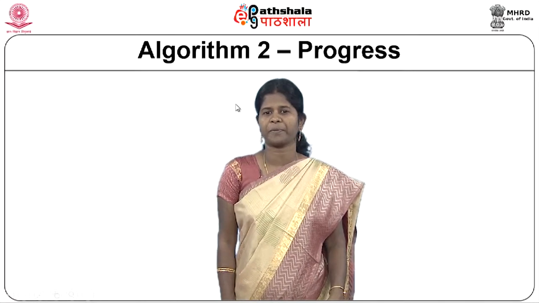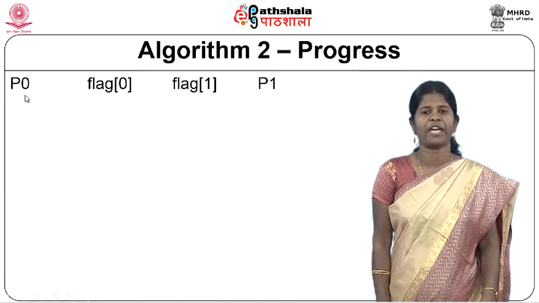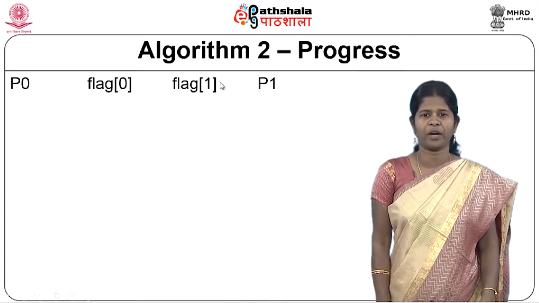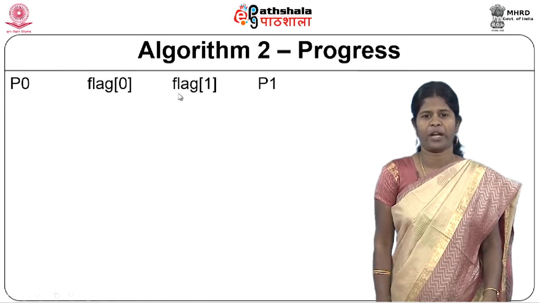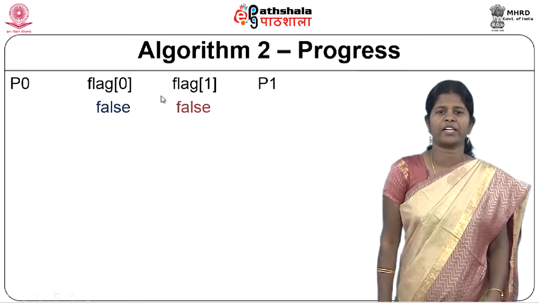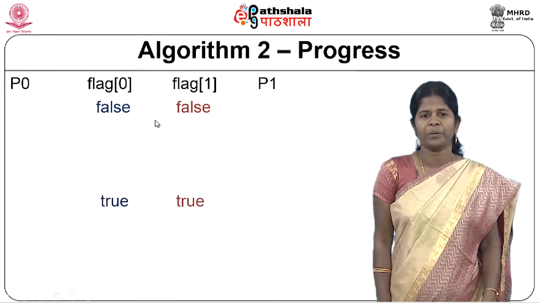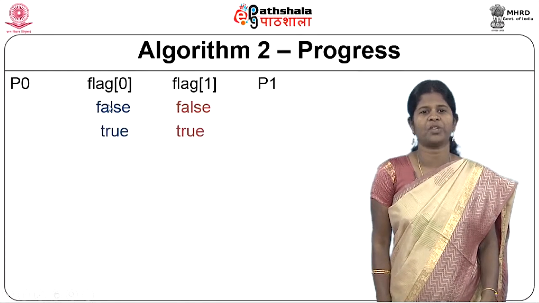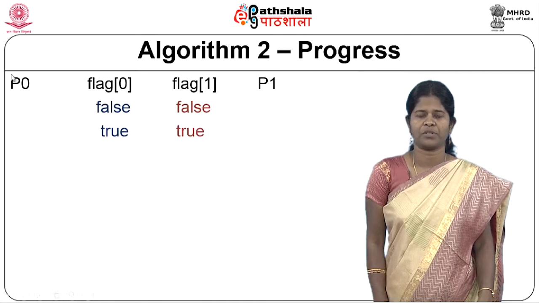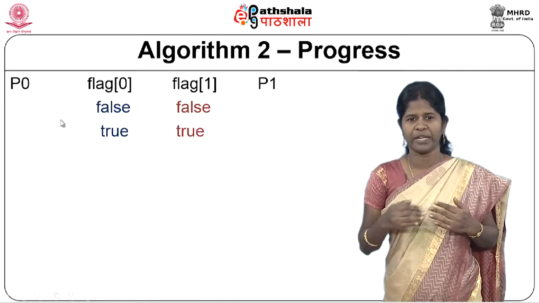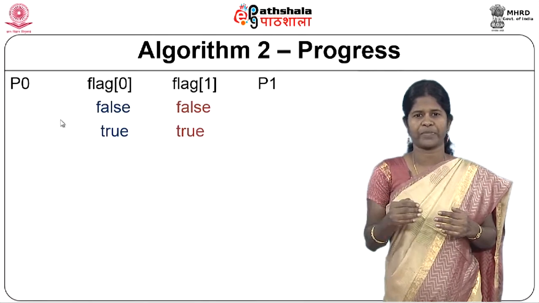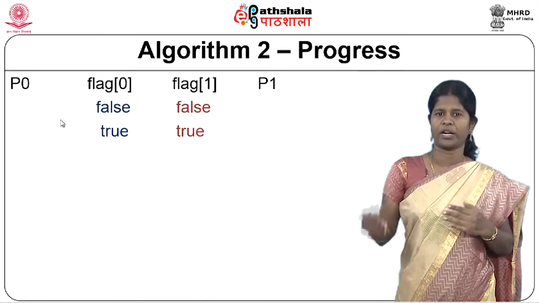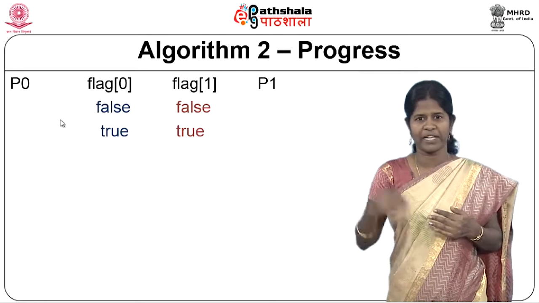So, you have again two processes P0 and P1, and you have flag of 0 and flag of 1, both initially set to false. Now both the processes want to enter the critical section. First say P0 gets the CPU and it sets flag of 0 equal to true, and immediately say there is a context switch and P1 gets the CPU.